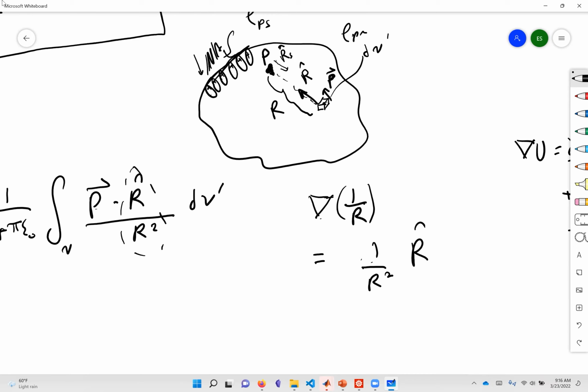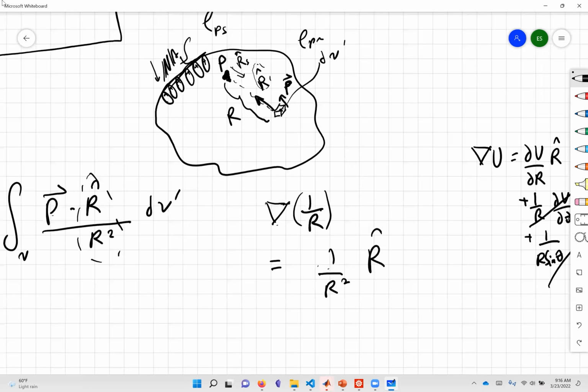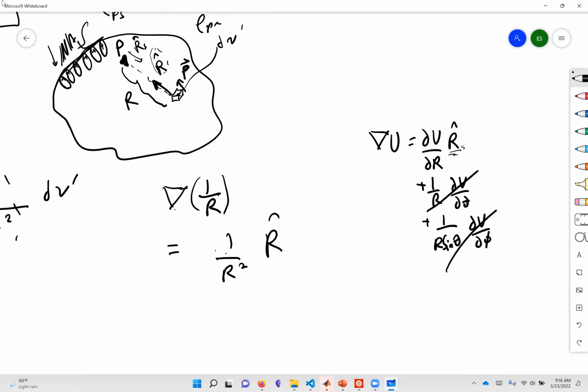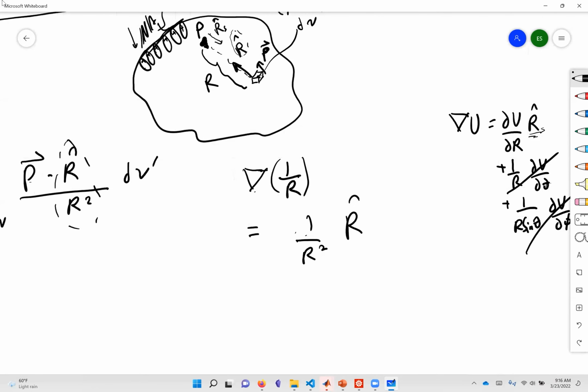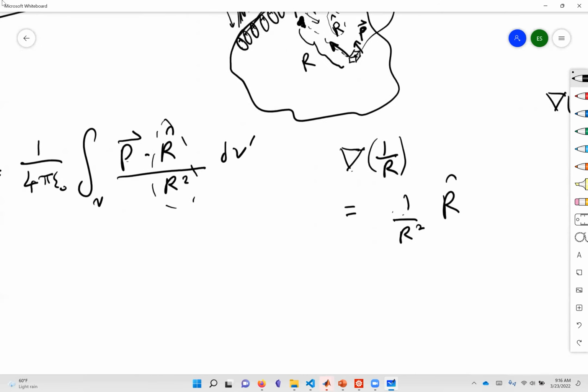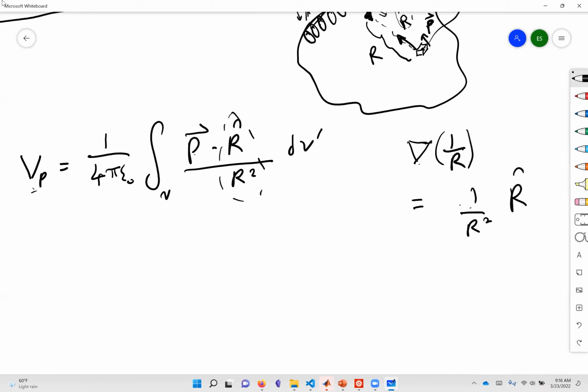But our R hat for this problem is always pointing opposite to the R hat from spherical coordinates. So when we apply this, we're applying the R hat of spherical coordinates, which is opposite to ours. So this will cancel the negative sign, okay? The point is we can take R hat over R squared and, instead of that, write P dot gradient 1 over R dV prime.